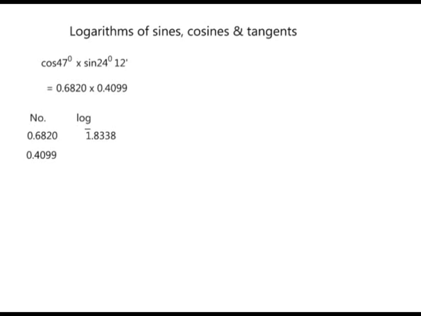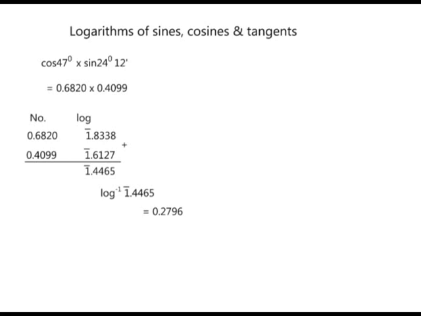The logarithm of 0.4099 is 1 bar 0.6127. We are multiplying, so we add the logarithms, and we shall get 1 bar 0.4465. Antilog of that is 0.2796. And so cos 47 degrees times sin 24 degrees and 12 minutes is equal to 0.2796.